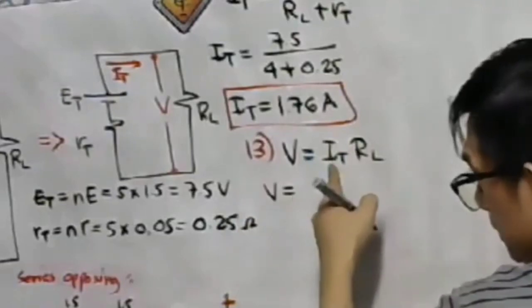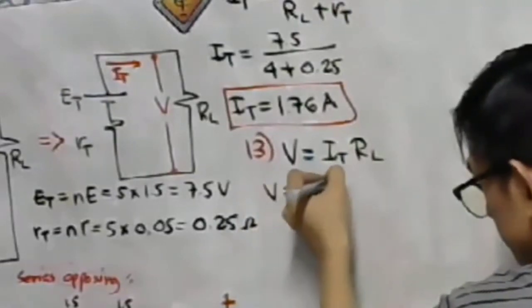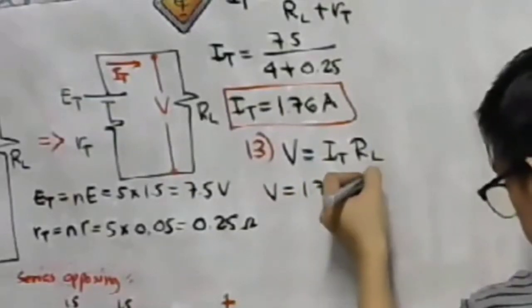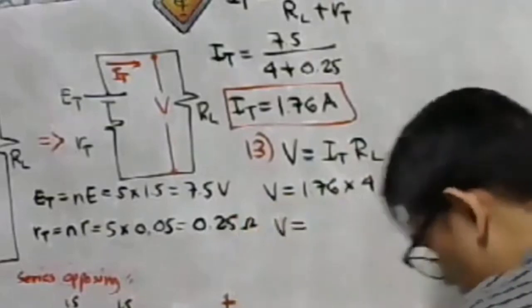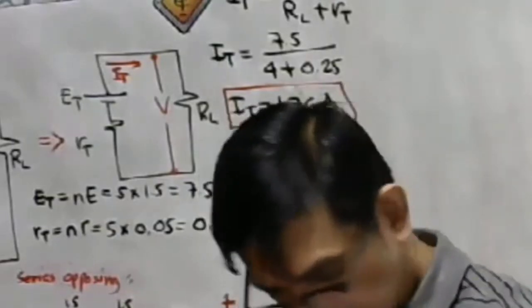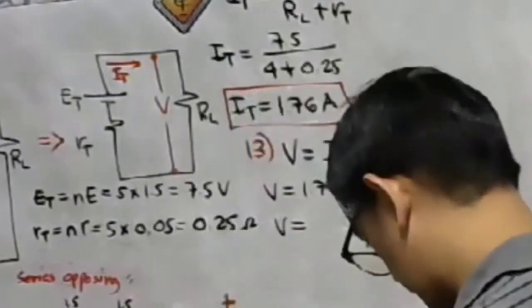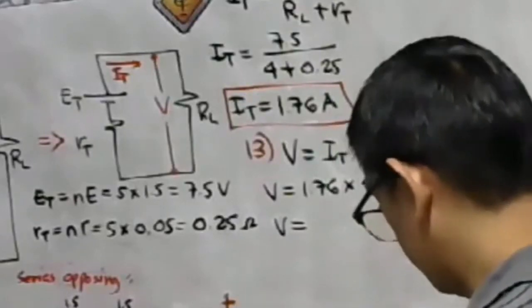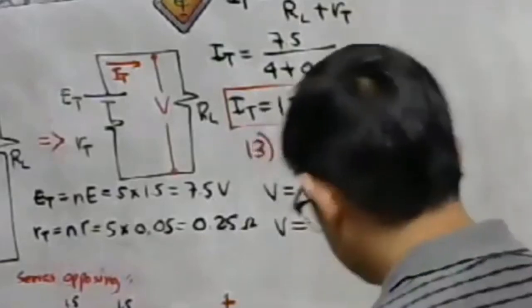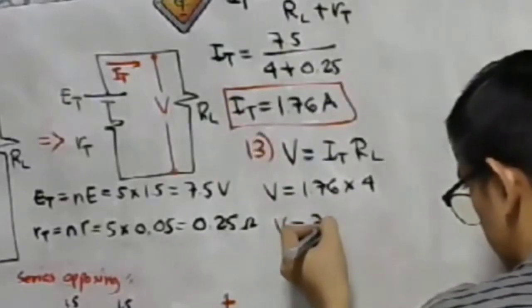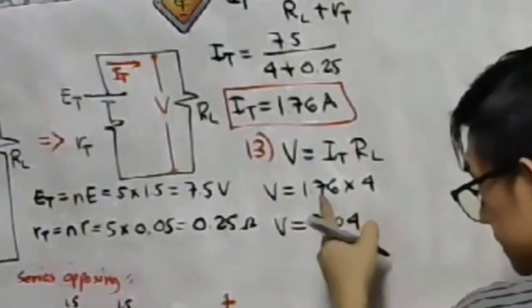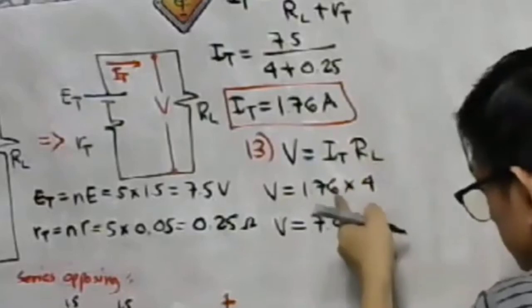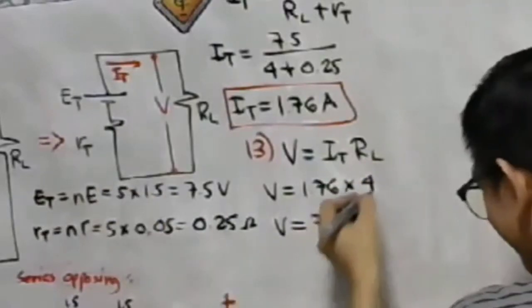Our I total is 1.76, then multiplied by 4. So our V now is equal to 1.76 times 4, that is 7.04. You see, a mathematician will not use the calculator here. But engineers, let the calculator do it.